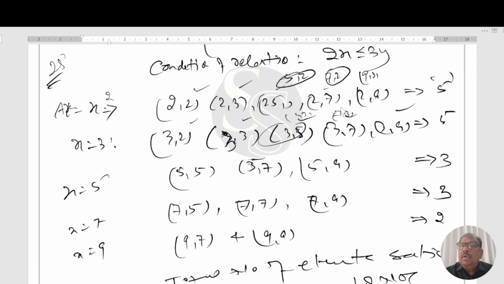Then (5, 7) पे (7, 5). (5, 9) पे (9, 5). 6 हो गए, and 1 pending. (3, 9) का (9, 3). 1, 2, 3, 4, 5, 6, 7.